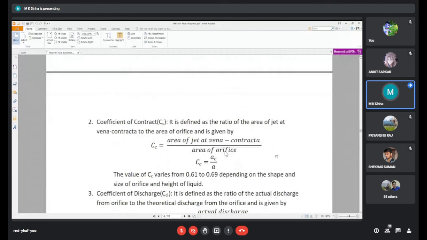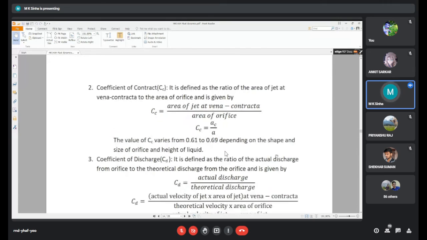Coefficient of contraction is defined as the ratio of the area of the jet at the vena contracta to the area of the orifice, given by Ac over the area of the pipe or orifice, because it is connected to that one.